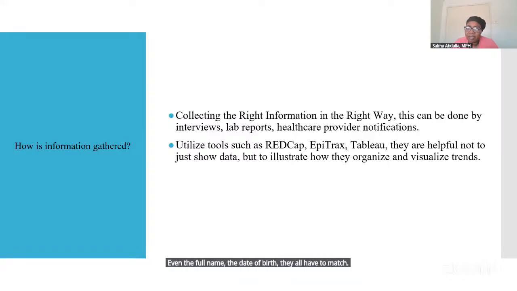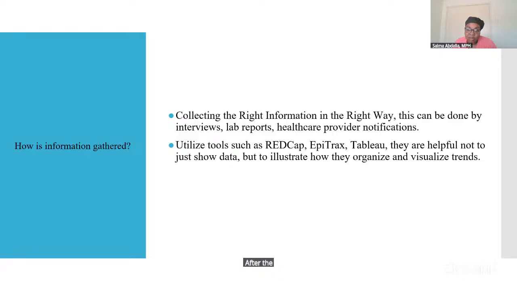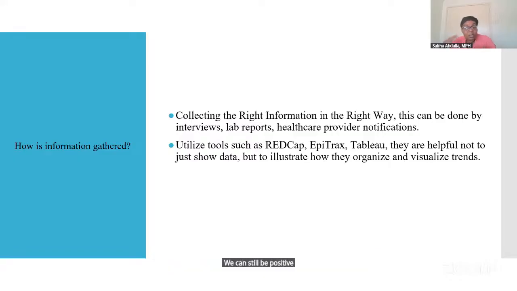Example of what I'm talking about: let's say we have someone that tested positive for COVID, and they are recommended to wait at least 5 days after the positive test result before retesting. Because if we retest within that 5 day period, we can still be positive, even though we're still trying to finish with the symptoms.